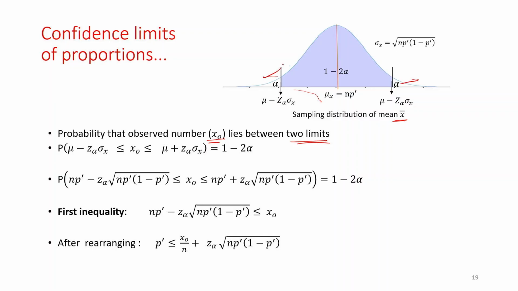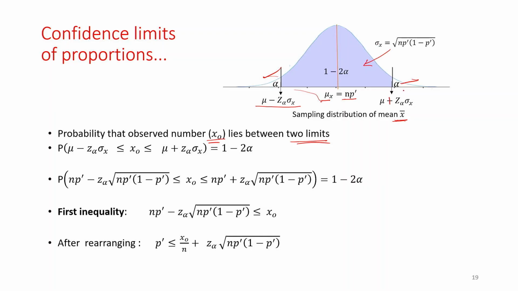The approach is exactly the same. Here the mean is n p dash. This is the upper limit, a plus sign should come here, this is the lower limit, and the standard deviation is given here. Sigma x is this much.